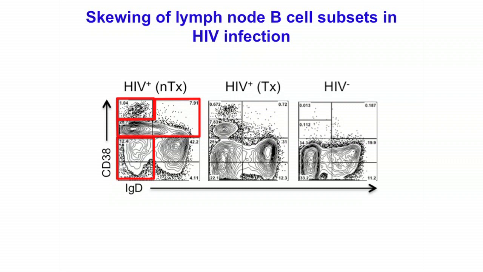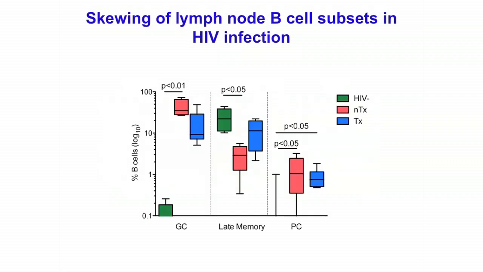To put it down to statistics, we see, compared to HIV negative, a large increase in germinal center B cells, a decrease of memory cells or late memory cells in the HIV positive patients, and a large increase of plasma cells in chronic HIV or HIV positive patients.